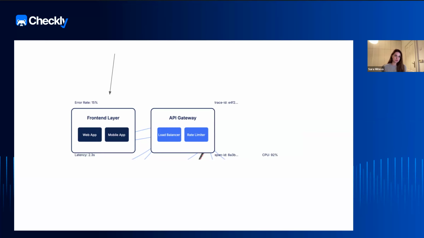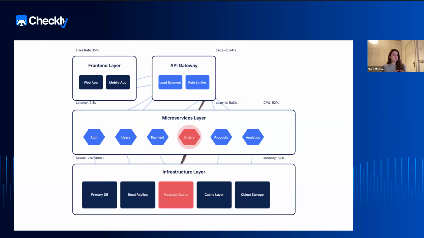And that can sometimes take even weeks, right? So you need a tool like traces to identify, in my particular example, that something's wrong with the message queue, and that affects orders, and you can identify that with a trace that pinpoints the exact root cause.